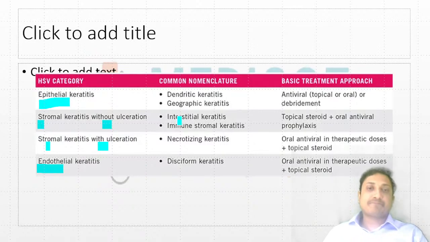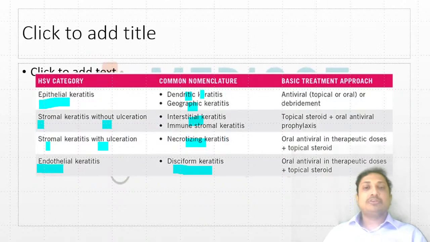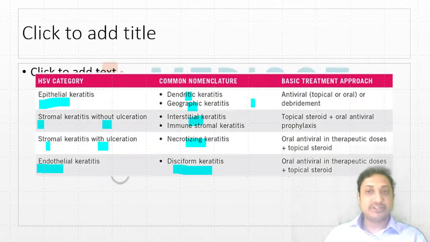So there are some specific nomenclatures given for herpes: dendritic keratitis, geographic keratitis, interstitial keratitis, necrotizing keratitis, and disciform keratitis, with respect to the involvement. Okay, so I've asked you one question: in which of these 4 categories is the steroid contraindicated? Okay, so did not get an answer for this.